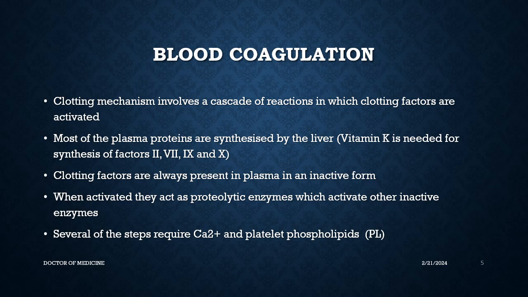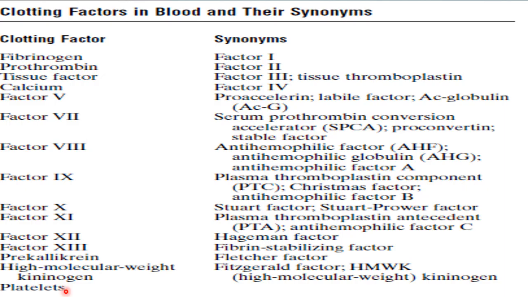When activated, these clotting factors will act as proteolytic enzymes, and several of the steps in the coagulation cascade require calcium as well as what we call platelet phospholipids. So calcium is known as clotting factor 4. This is a summarization of the different clotting factors that we require in the coagulation cascade.